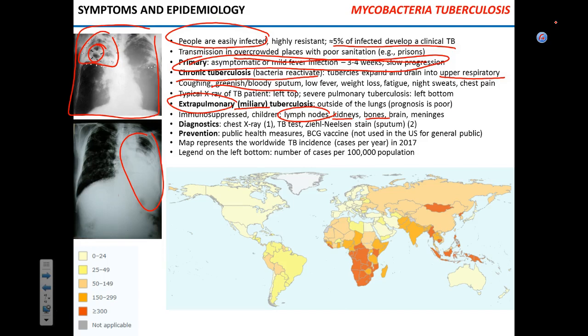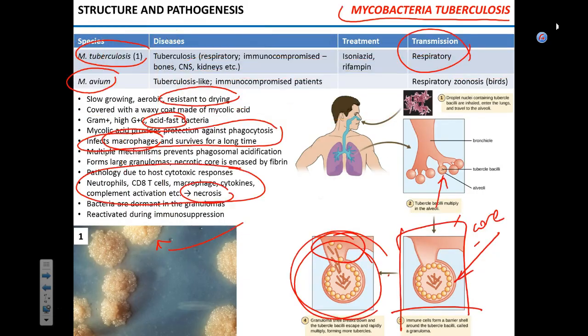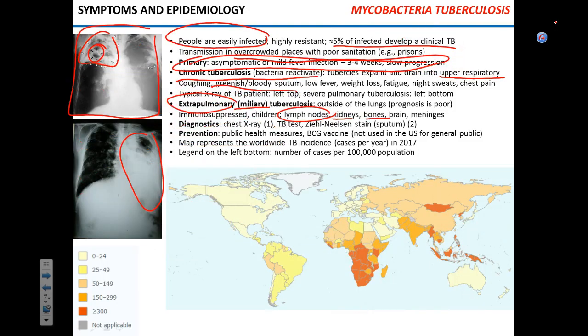It's injected into the skin. Immune cells in the skin will present that same antigen to your immune system. Your immune system will produce that cytotoxic response, and that cytotoxic response will lead to the bump, the TB reaction on the skin. Does that make sense?